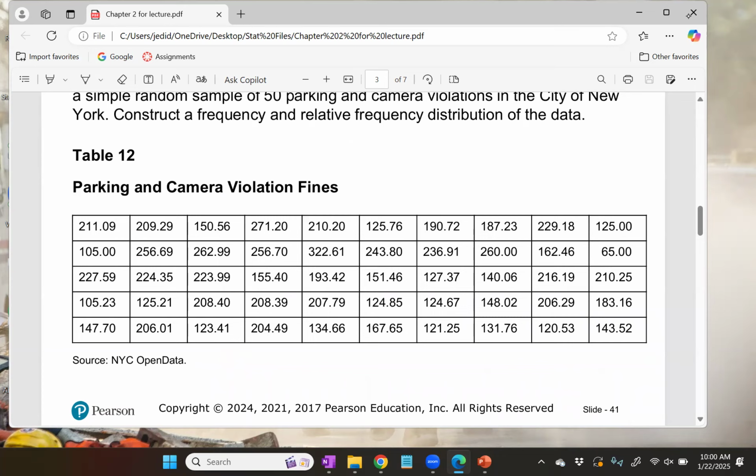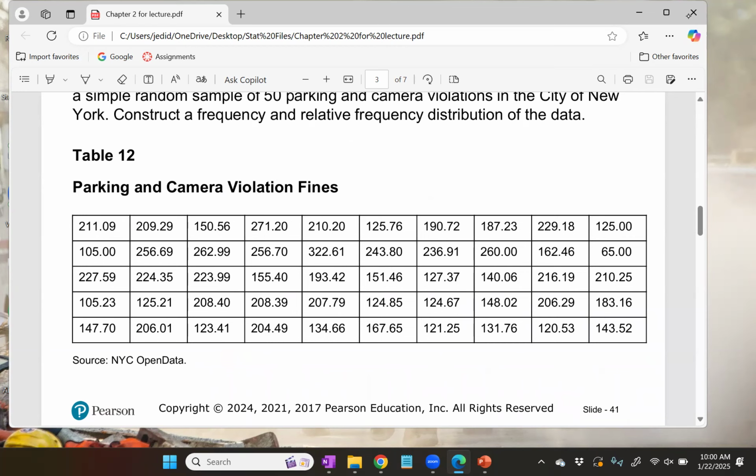So go through, you have the page in front of you. What is our smallest value up there, and what is our largest? I'm going to look for largest. Somebody else look for smallest. I see a 210.